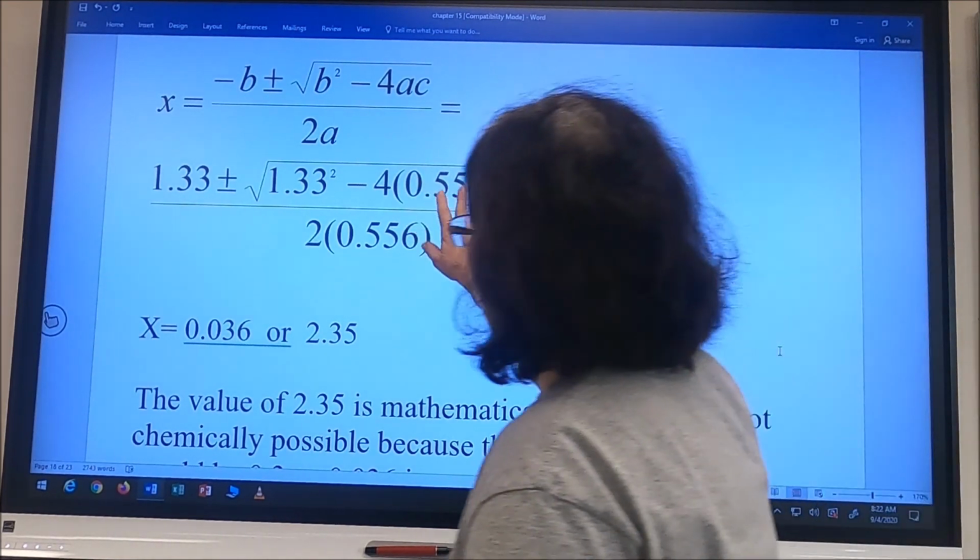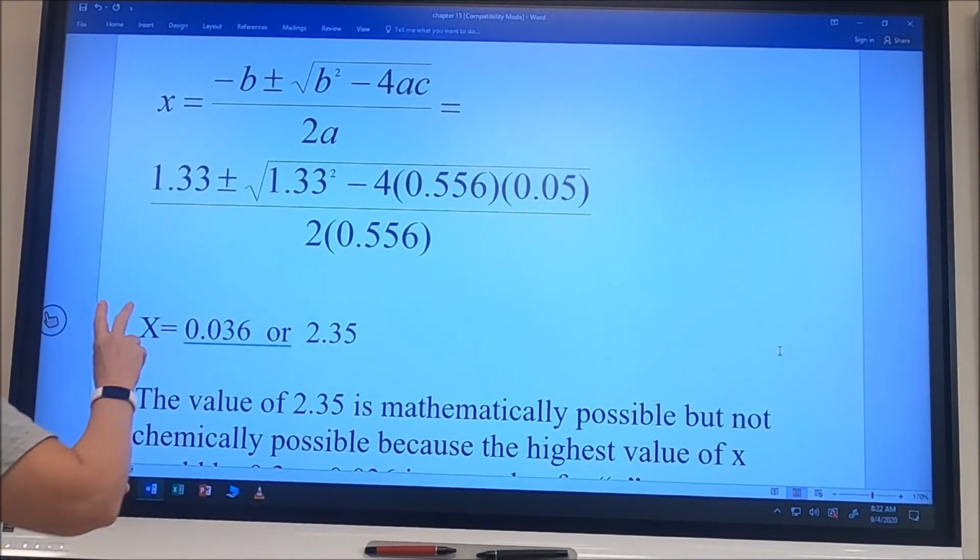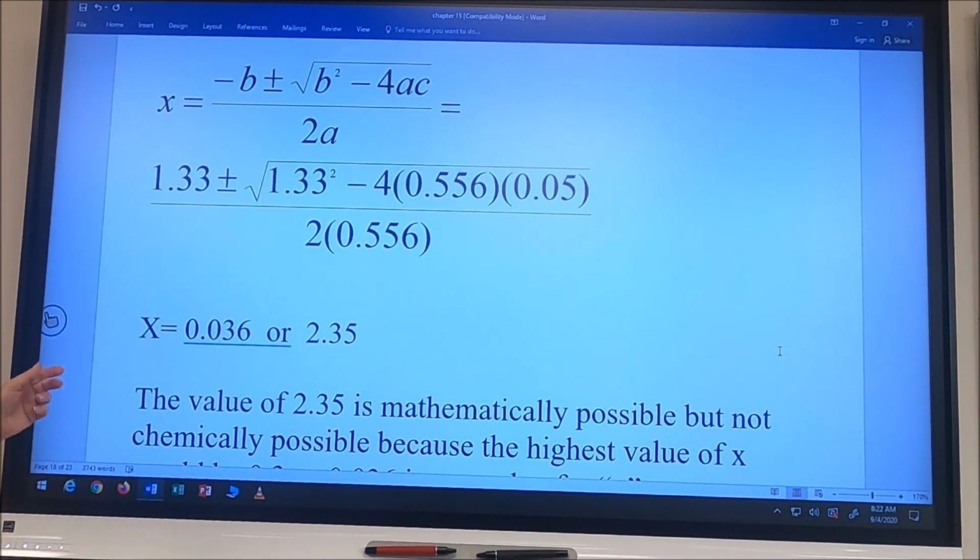Now, when you do the quadratic, you always get two solutions. Mathematically, both solutions are valid. Chemically, only one of the solutions is going to be valid. Okay? Now, the value 2.35 is mathematically possible, but chemically is impossible.